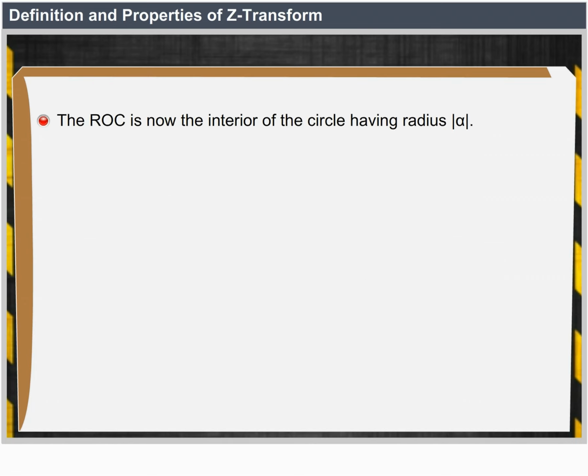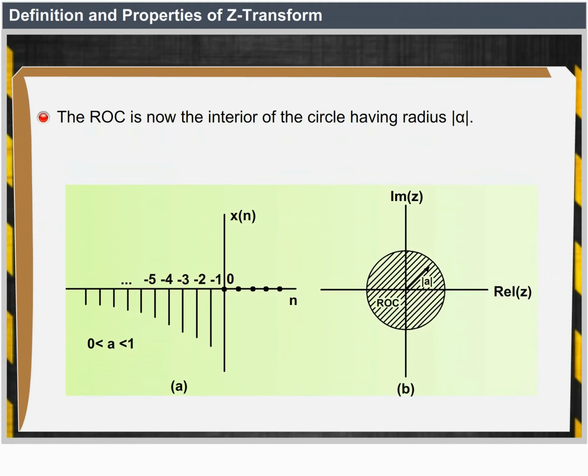The ROC is now the interior of the circle having radius modulus of alpha.